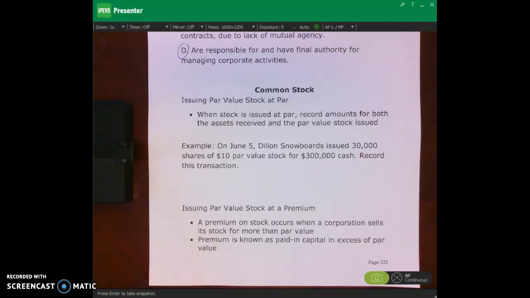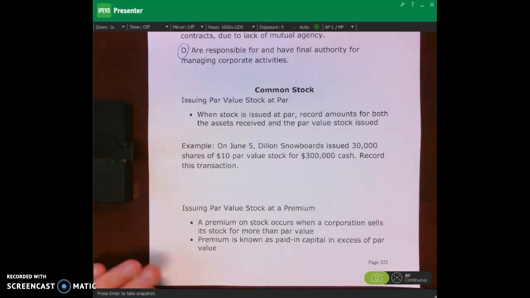So we're trying to get cash. When we issue stock, we get cash, and then we also increase our capital. Where do we put capital in terms of the accounting equation? That's equity. So when we issue stock, assets will increase because we're going to get cash, and then equity will increase because we're increasing capital.